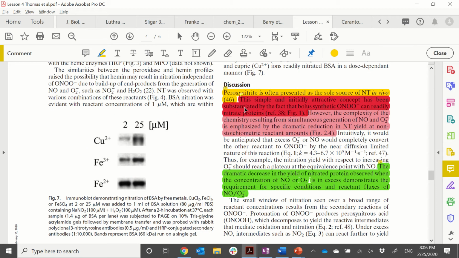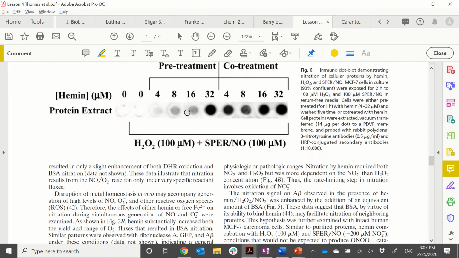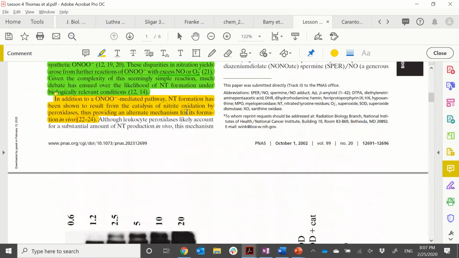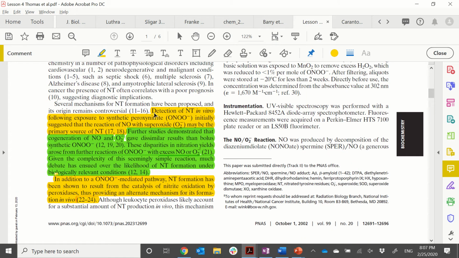So the discussion section starts with "peroxynitrite is often presented as the sole source of nitrotyrosine in vivo." So this is recalling a statement that was discussed in the introduction, which is color-coded here in yellow. "So detection of nitrotyrosine in vitro following exposure to synthetic peroxynitrite initially suggested that the reaction of NO with superoxide may be the primary source of nitrotyrosine."